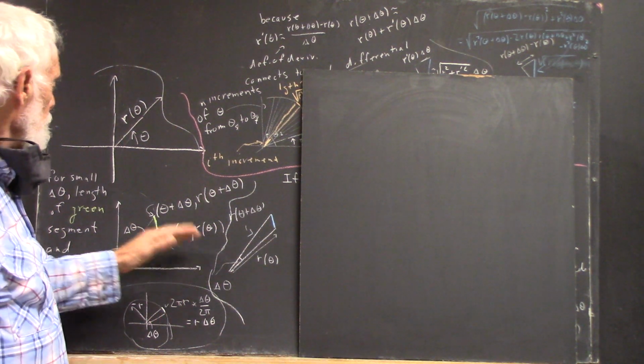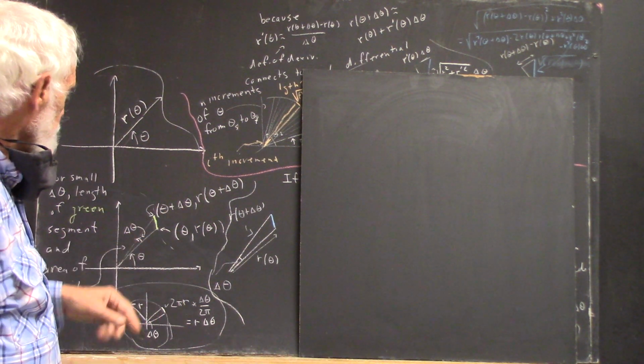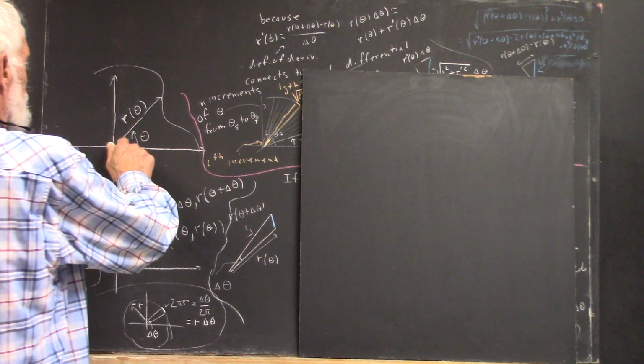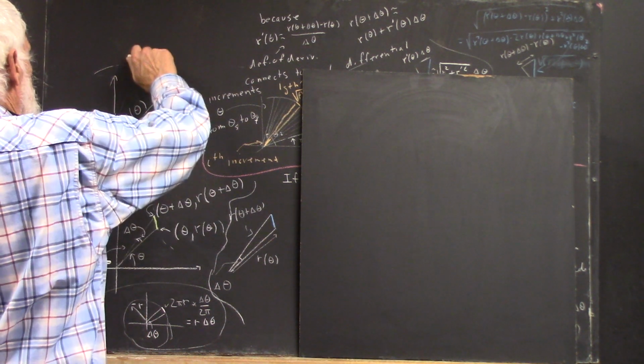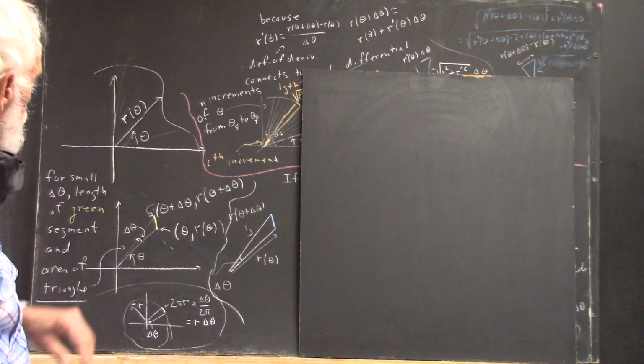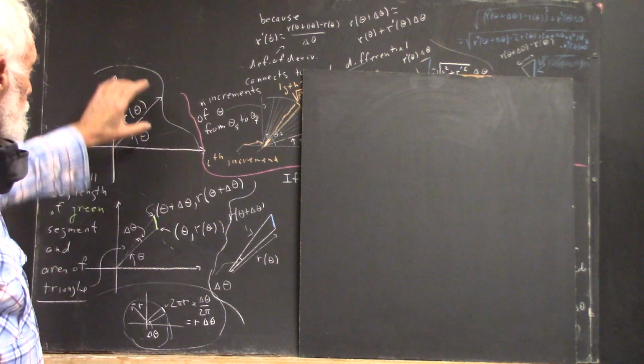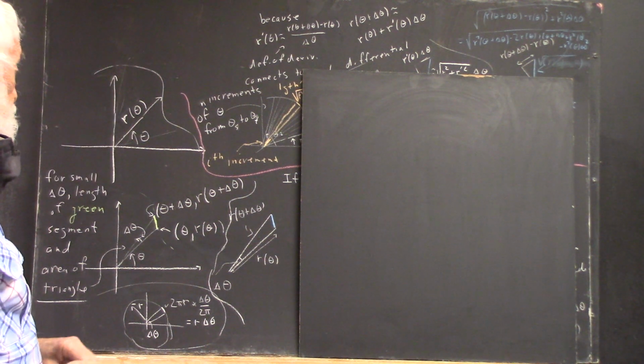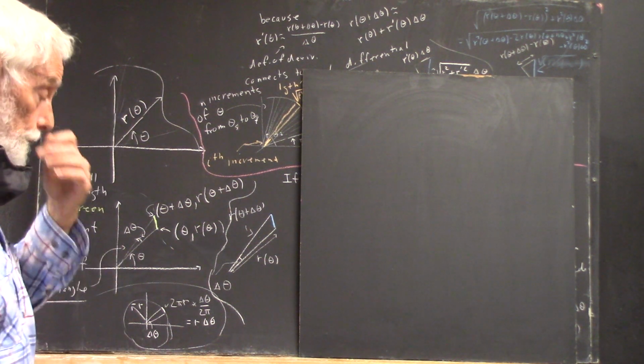Or between two values of theta, the area of the, if we wanted the area of the segment between, let's say, here and here, if we know these angles, we want something we can integrate from this angle to this angle in order to get this area. That's our goal.